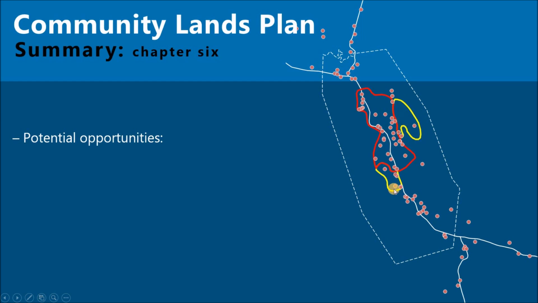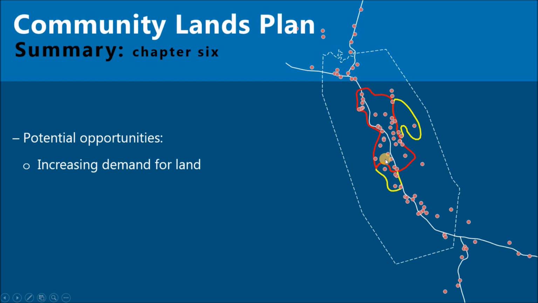So both of these areas are highly expensive to develop, and this again presents an opportunity, which I'll speak to in a minute, for Kwalendon. You can see the number of Kwalendon community land parcels within this urban containment boundary.